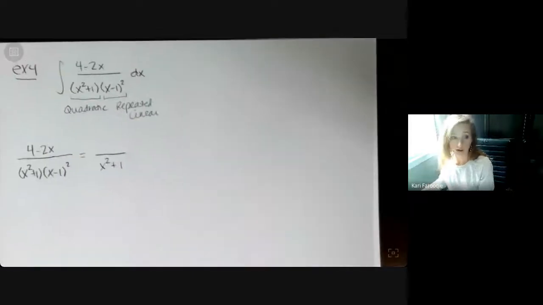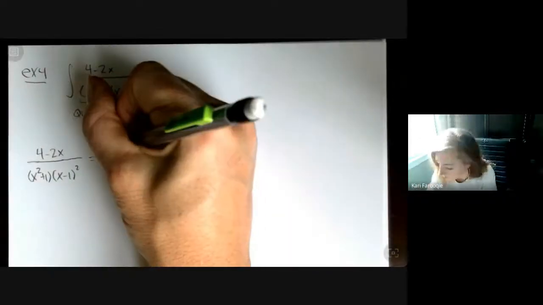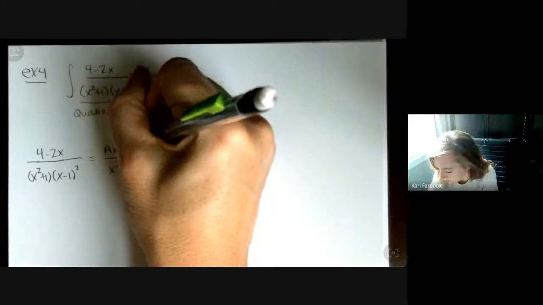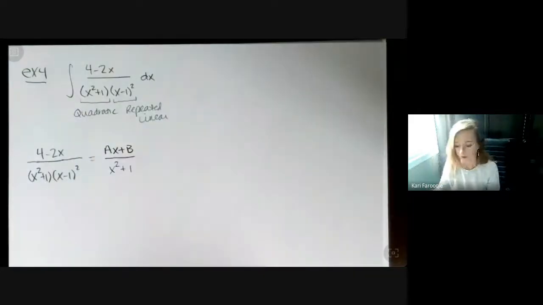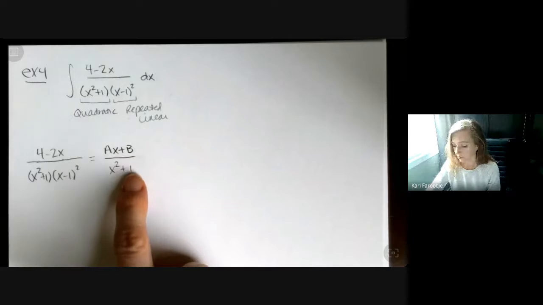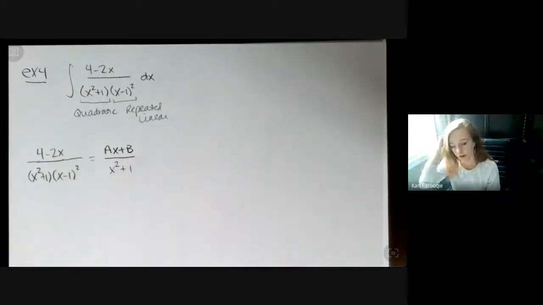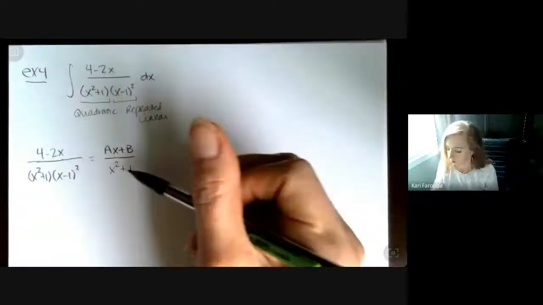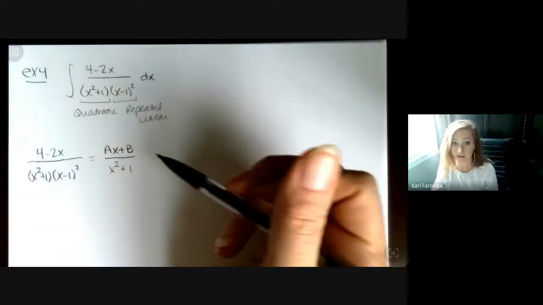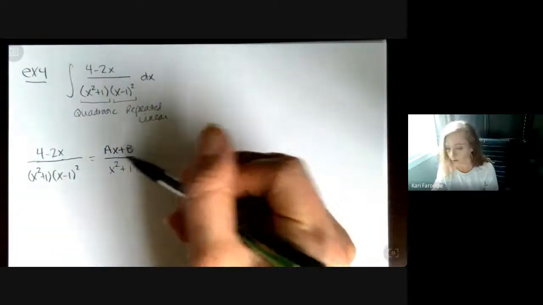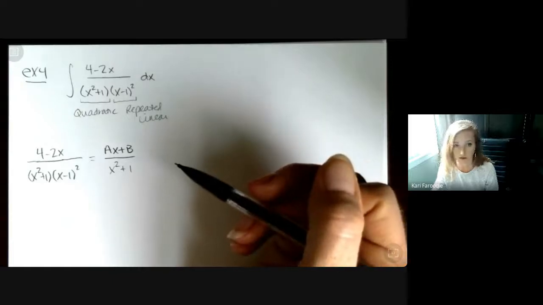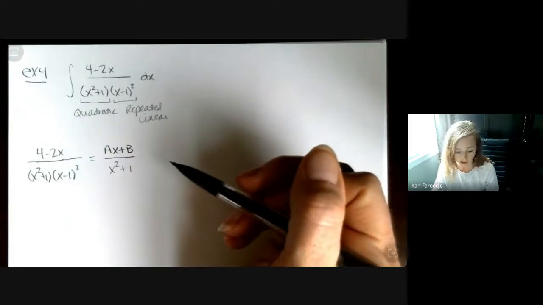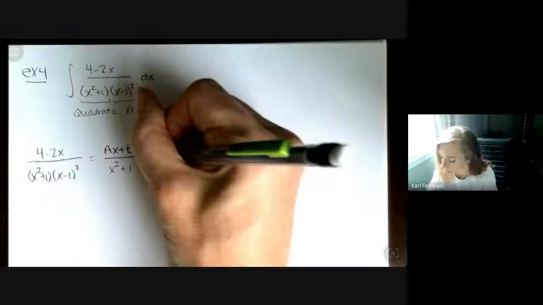So we're just going to go ahead and use ax plus b. Make sure that your numerator is 1 degree less than your denominator, and that you cover every possible degree. So don't just write ax. Technically, ax is linear, but you need to cover the possibility that there could be some constant b in that expression.